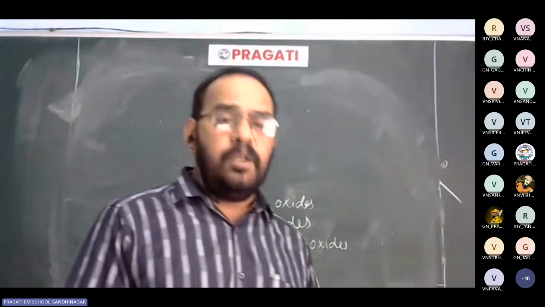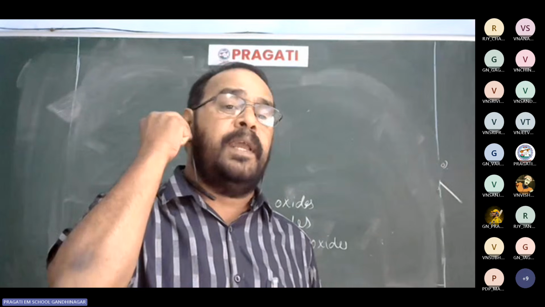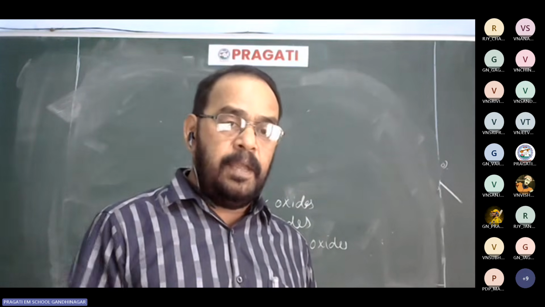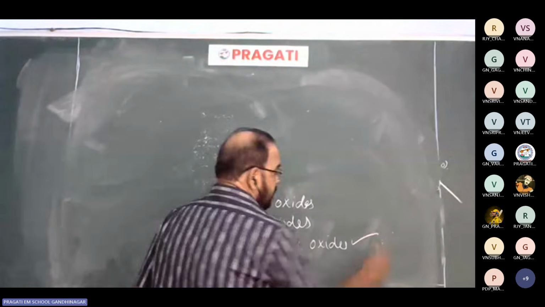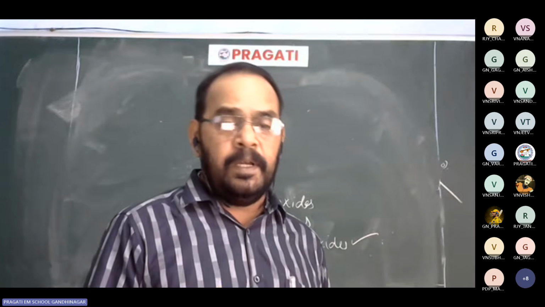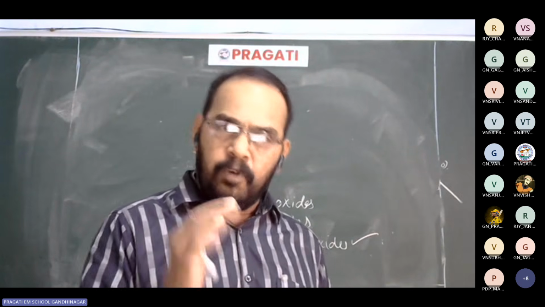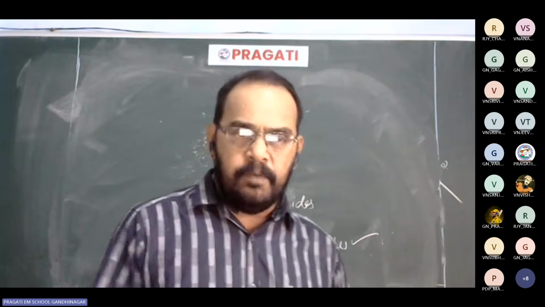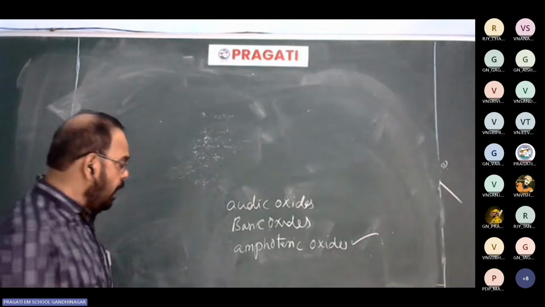All are acidic oxides. Next, they can also ask the amphoteric oxide definition. Study it separately: what are amphoteric oxides, and give examples. Amphoteric oxides can react with both acids and bases to form salt and water.